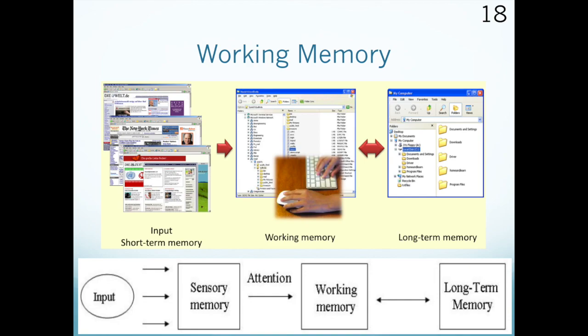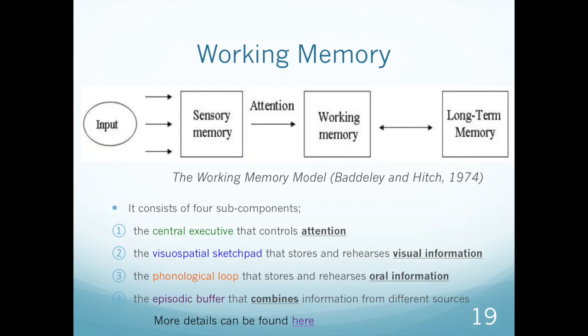And the long-term memory is when you store in your hard drive. So it is something which is probably just giving you a glimpse of the three labels. But if you want to look at the model, it was developed by Baddeley and Hitch in 1974. And there are in fact four subcomponents of the working memory.